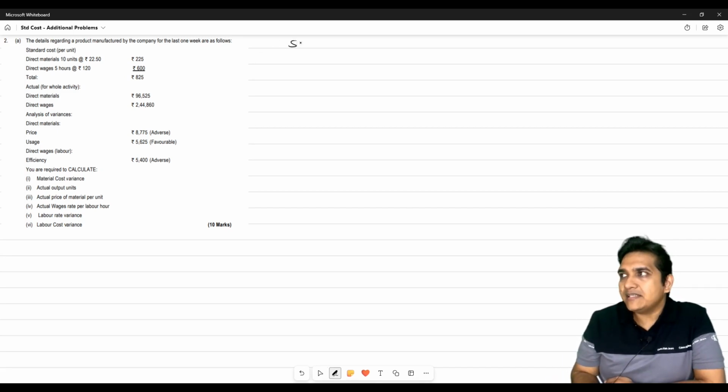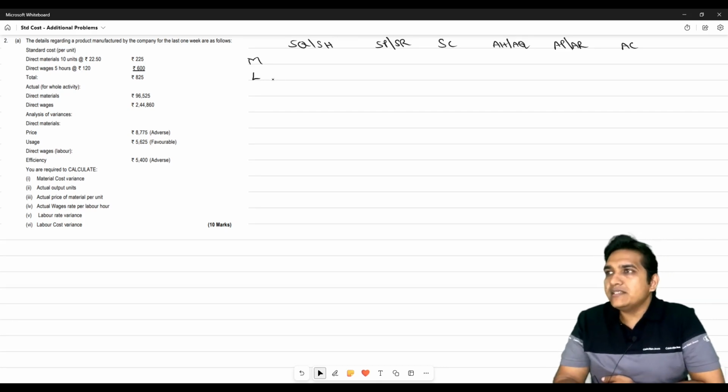Our table is standard quantity or standard hours, depending on the variance. If it is material, standard quantity; if it is labor, standard hours. Then standard price or standard rate and standard cost. Then we have actual hours or actual quantity, actual price or actual rate and actual cost. First let us take material and labor.